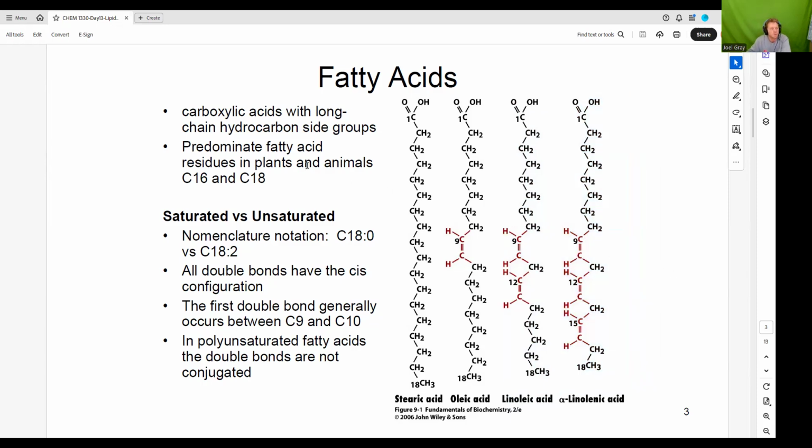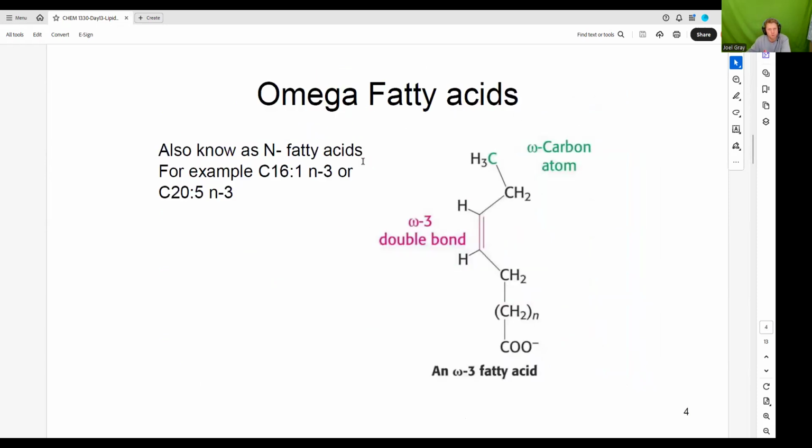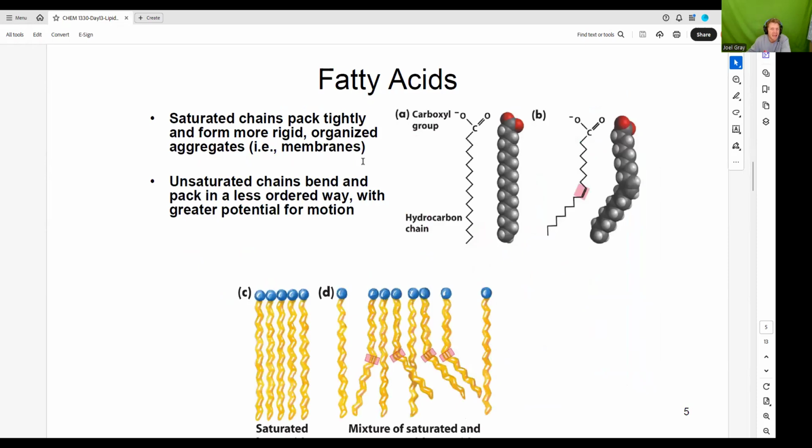Okay. So with respect to that, one of the things that we talked about that's worth thinking about is the packing of fatty acids.